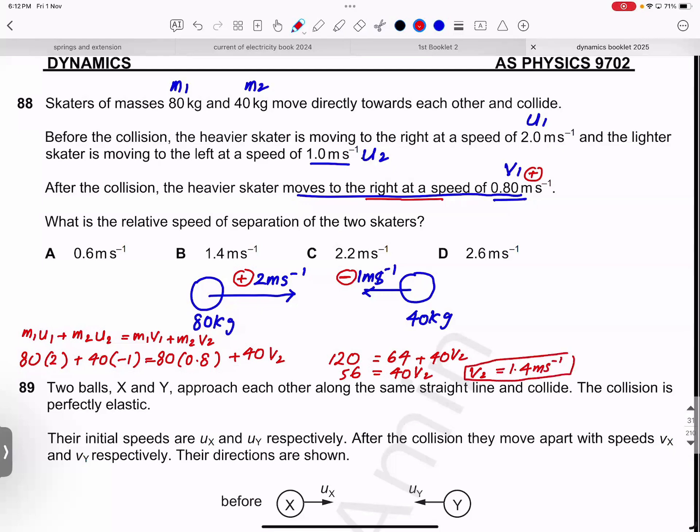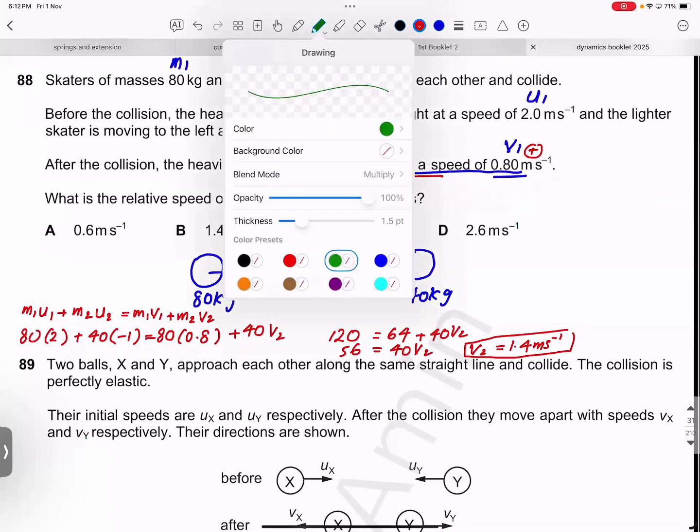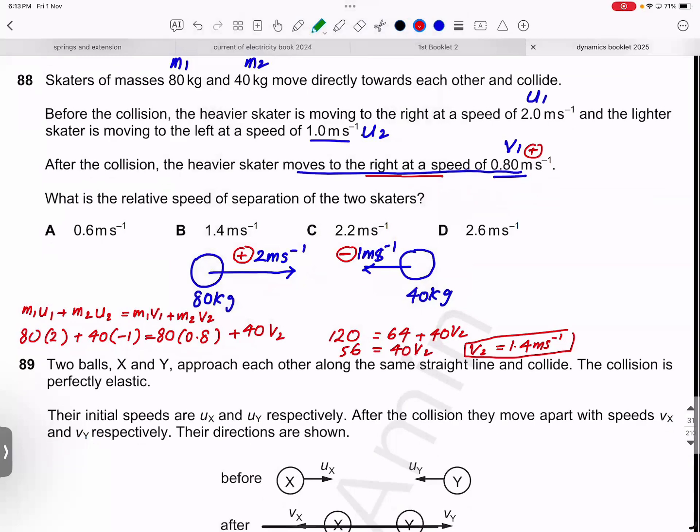It came to be positive. So my dear students, if you think what has happened after collision, your V1 is to the right side, 0.8, and V2 is also positive, that is, right side, 1.4.